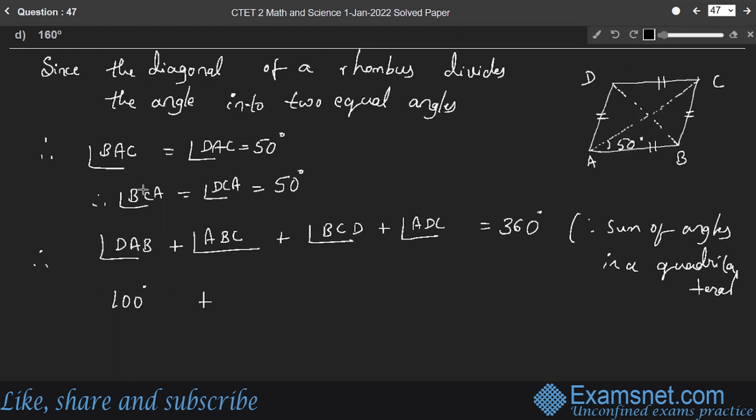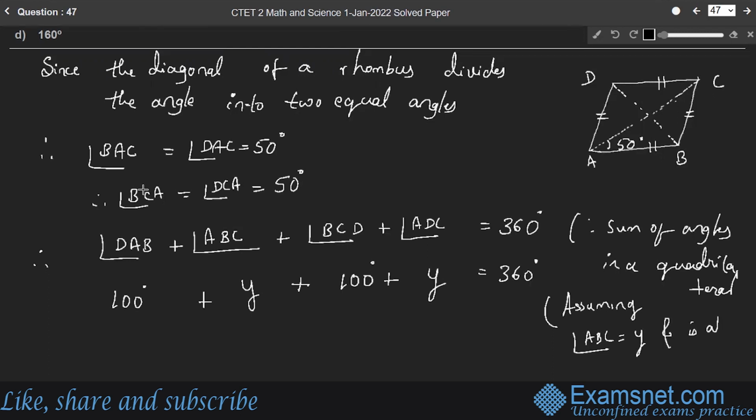Let us take ABC equal to ADC as angle Y. So ABC as Y, plus angle BCD, which is the sum of these two angles, again 100 degrees, plus ADC, which is also equal to Y, is equal to 360 degrees, assuming angle ABC is equal to Y and is also equal to ADC.